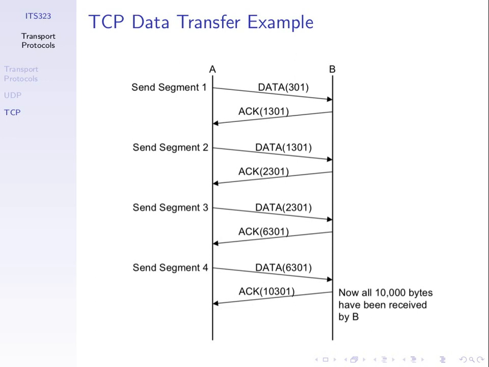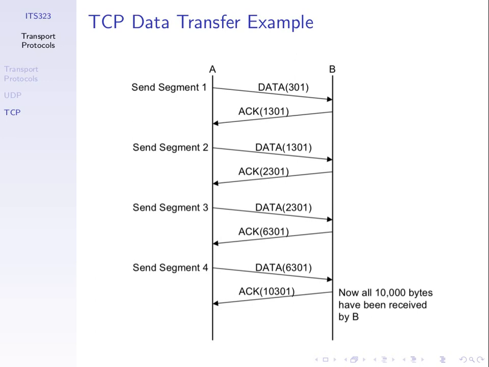And that's successfully received at B, and B sends back an ACK. What is the ACK number? 12,301. The sequence number of this segment is 10,301. There are 2,000 bytes in there.